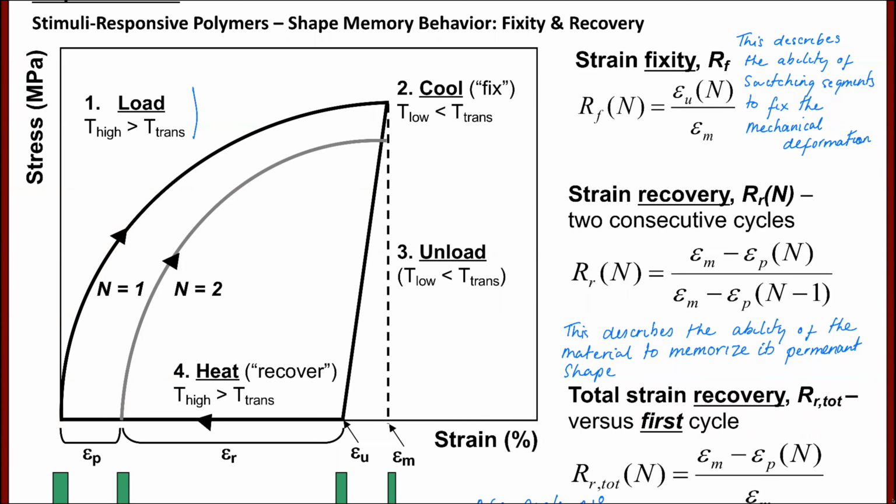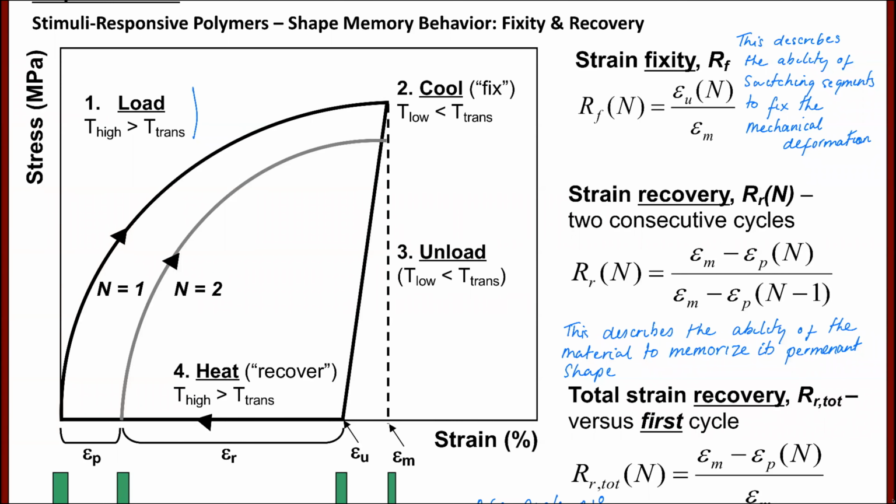And then what we're doing is we're cooling it to fix it in place. So by cooling it, we're telling it to keep its temporary shape. So we go below the transition temperature. And then what we do is we unload the strain that we've put on it. And that's where our first measurement comes in. So what we're trying to find is what is the ability for that material to retain its temporary shape.